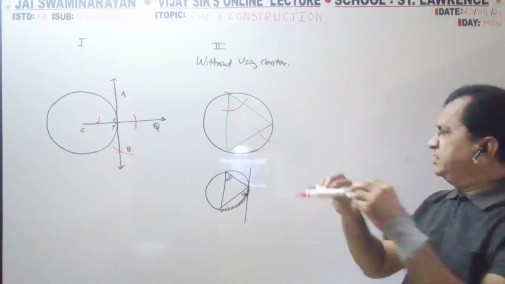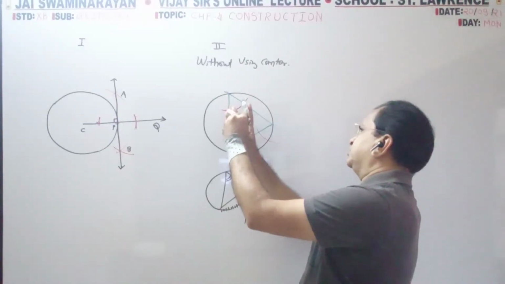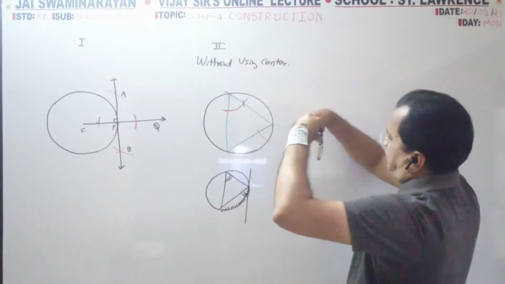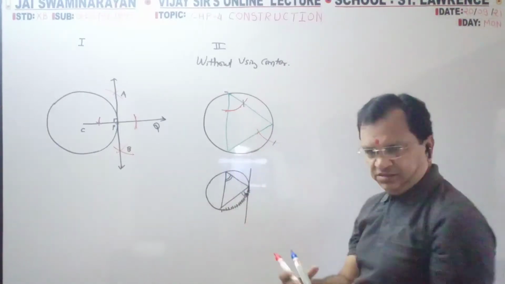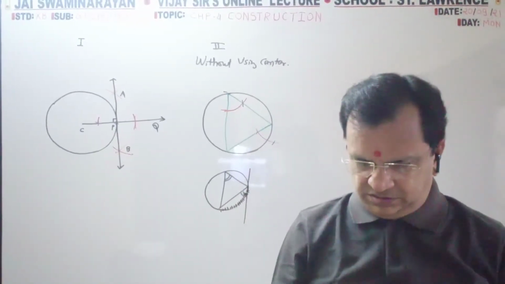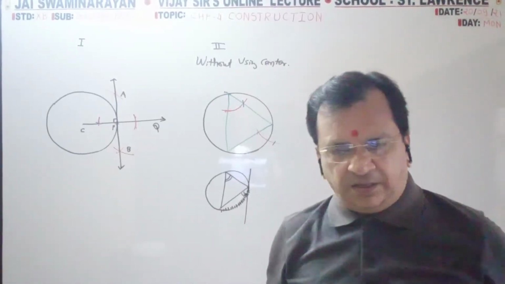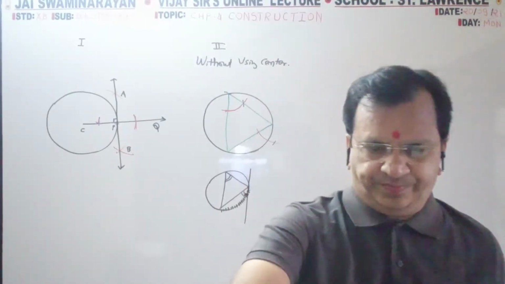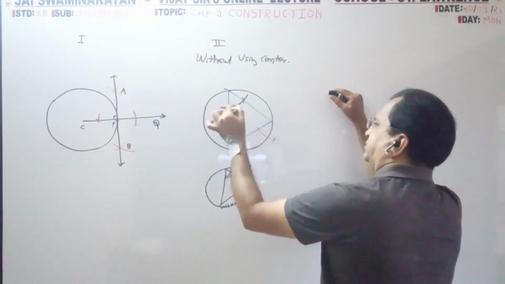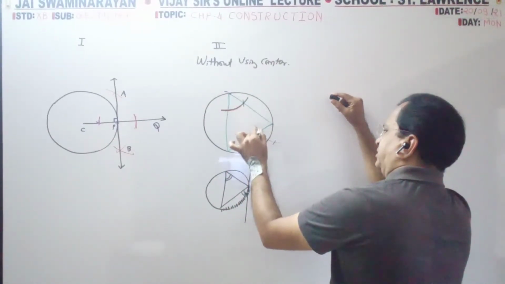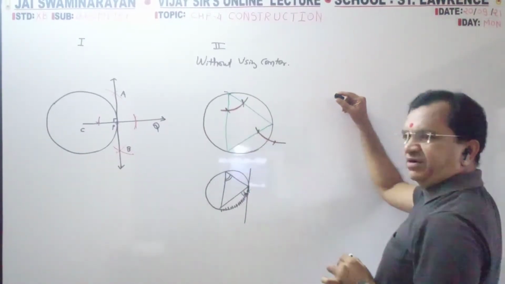Now you have to measure this much. This cut, and the same from here, cut. So first I have done this, then the same from here I have done this, then from here to here I have taken the measurement, and from here to here I have cut the same.